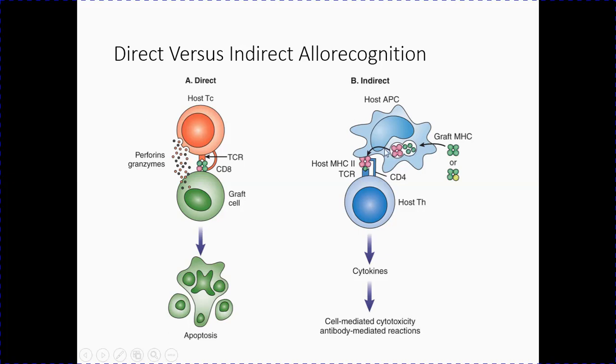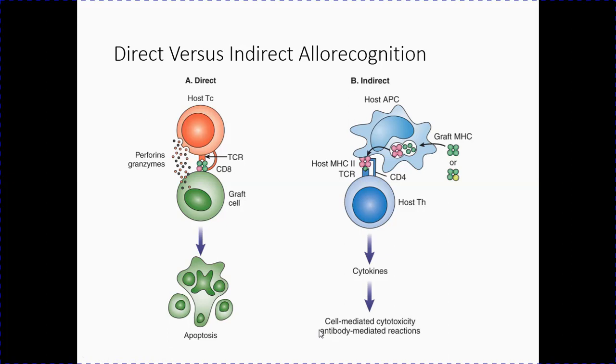The MHC does what? Brings that little teeny peptide up here. The peptide binds to the T cell receptor, and the host CD4 positive T helper cell has a number of reactions. They can release cytokines. They can end up with differentiation of cells, resulting in cell-mediated cytotoxicity or antibody-mediated reactions.